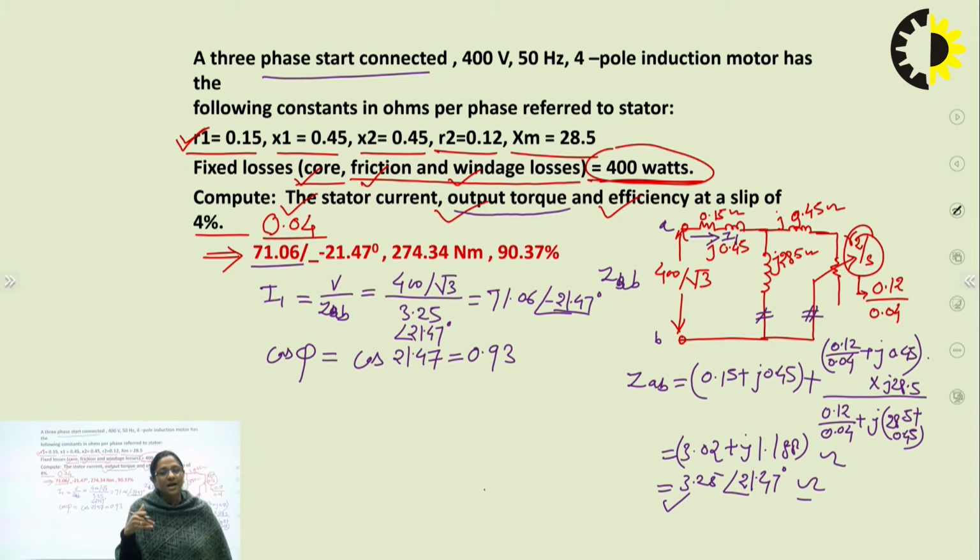So the power which is transferred to the rotor is said to be the air gap power PG. Once the air gap power PG is known to us, we can very well determine the mechanical power. The mechanical power is given as PG multiplied by 1 minus S, where S is the operating slip of the machine. Okay, so starting with determination of stator input and the stator I square R loss.